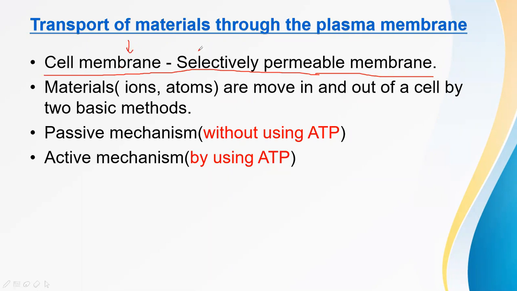By having this nature, the plasma membrane controls what substances may enter or leave the cell, meaning it controls which substances can enter or leave the cell.